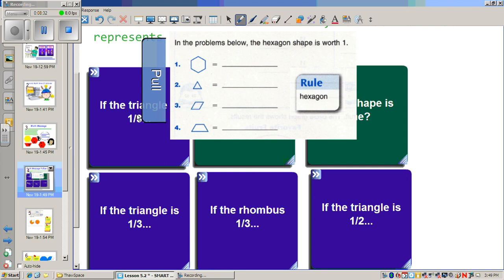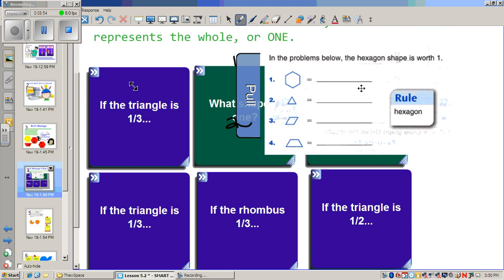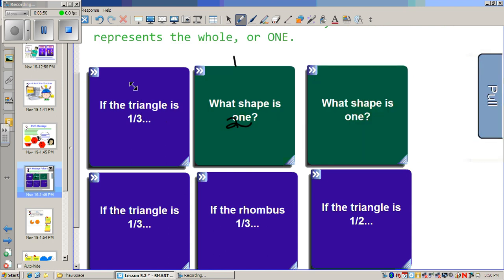For instance, on number 4, if I have a trapezoid here, I would say 2 of them fit in the hexagon. So that's 2, and this is 1, right? Because 1 is the whole. All right, so do number 2 and 3 and bring it in, and then the other 3 on this page. All right, perfect. No cheating either, okay? No clicking on that. All right, moving right along.